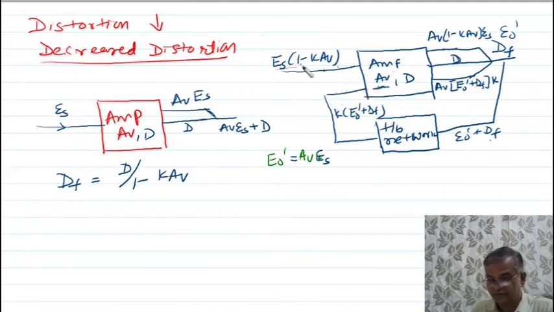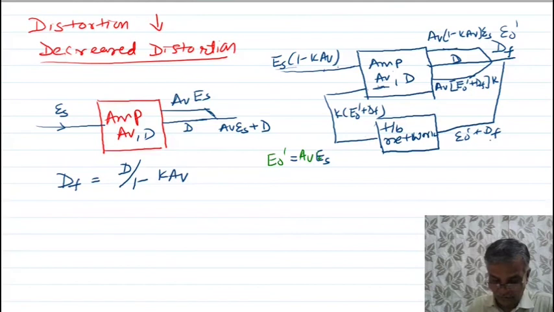One part is the input multiplied by gain, which you have written. The distortion D produced by the amplifier, you have written, plus this feedback voltage multiplied by gain, that I have written. That is nothing but the EO dash plus DF.